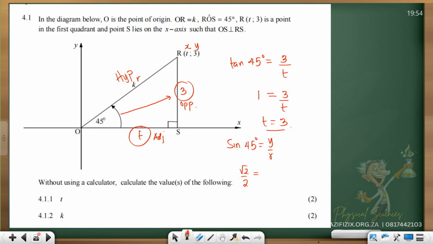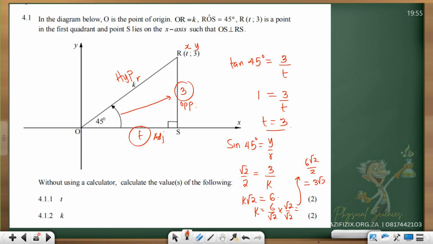What is my y? 3 over k. Cross multiply. K root 2 equals 6. What is k? Divide both sides by root 2. But let's leave it there. We did conjugates. Do you remember?